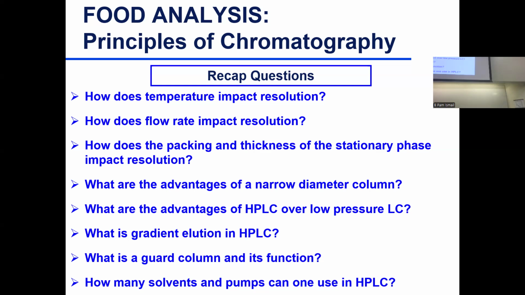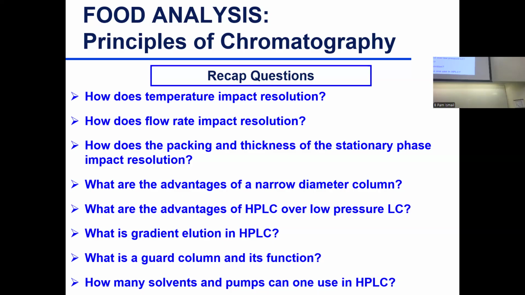There's not a lot of void between the particles. But each particle has pores, remember? So you have to think about two things: the pore size and the size of the particle, and how well packed. So there are three different things, okay?